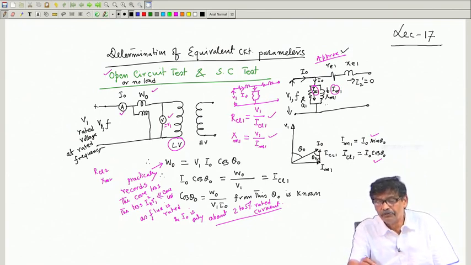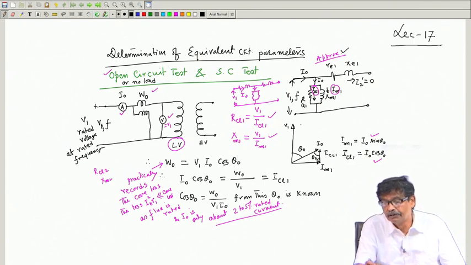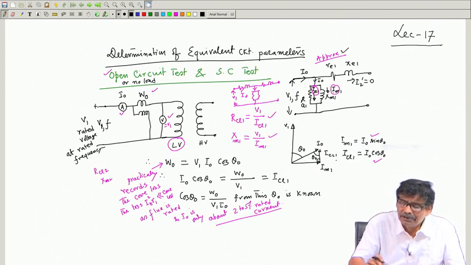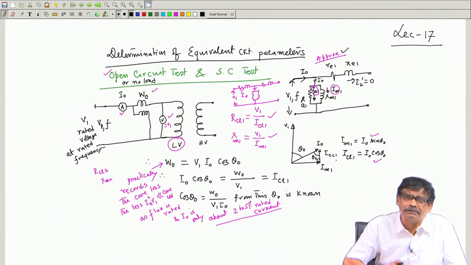And therefore, referring to this equivalent circuit, V1, I naught, you draw theta naught. Sometimes it is tempting to represent it as a series combination. It is better not to do it.